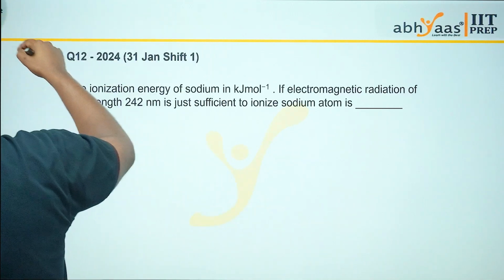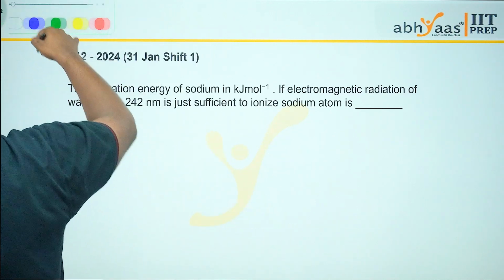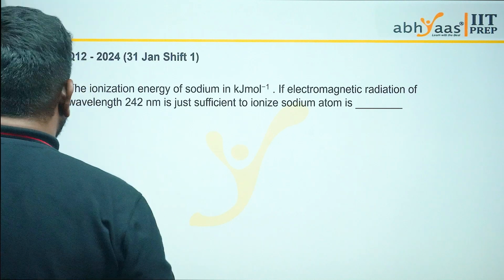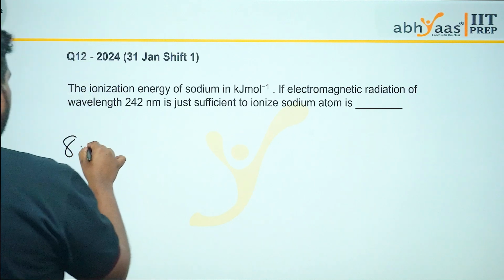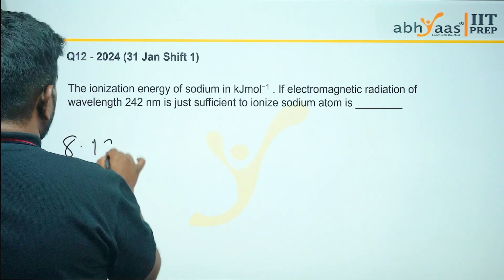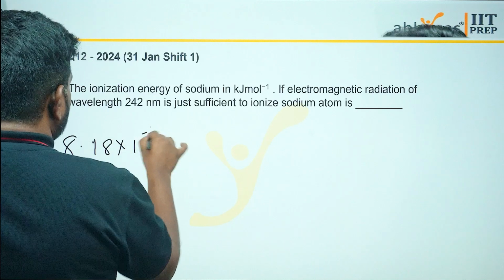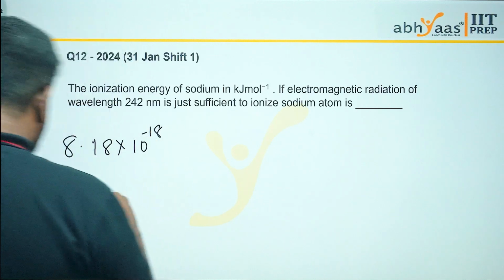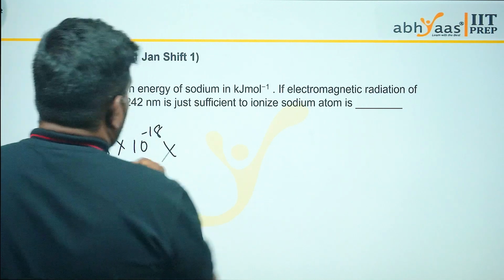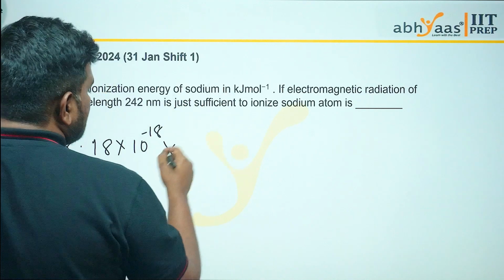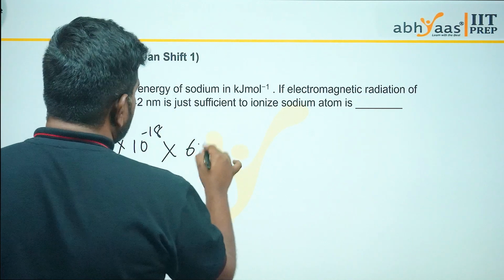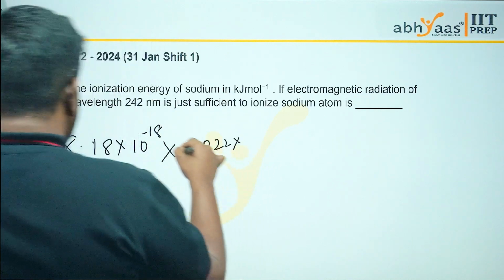But we have to find the energy per mole. So you will get 8.18 into 10 raised to minus 19 joule per atom. Now we have to convert it to per mole, so we multiply by 6.022 into 10 raised to 23.